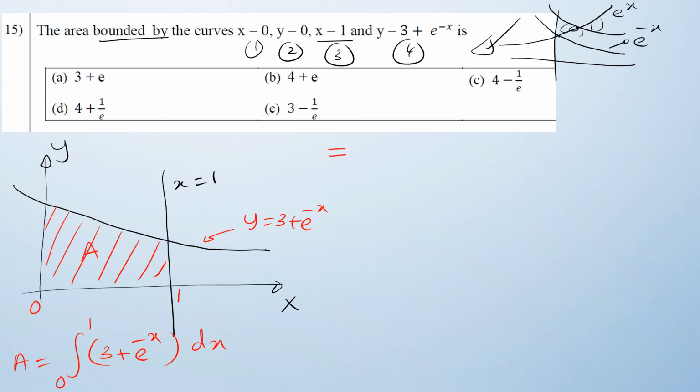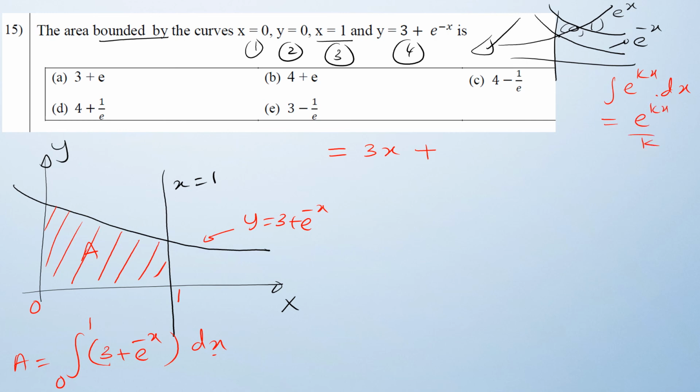So you can simplify that. When you integrate 3 with respect to x, we have 3x plus something. We have to integrate e to the power minus x again. You know that the integration of e to the power kx with respect to x is e to the power kx over k.